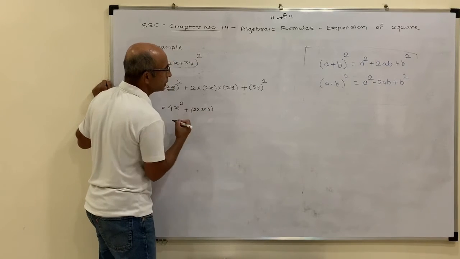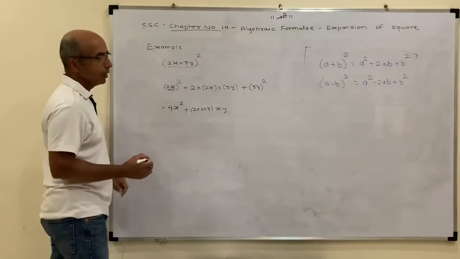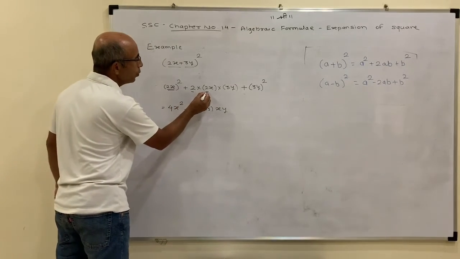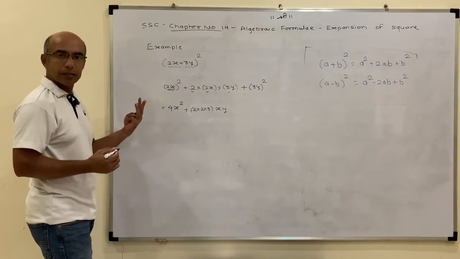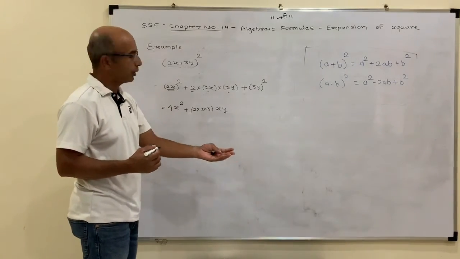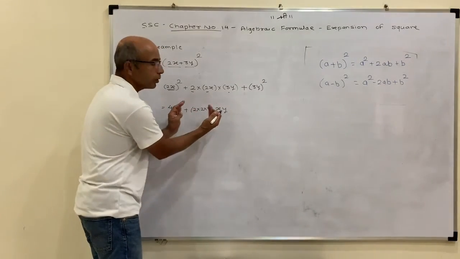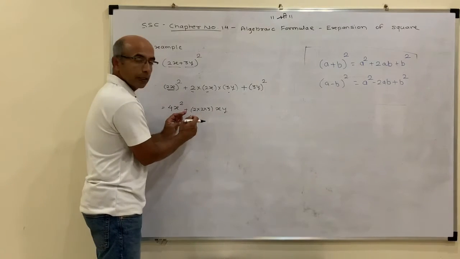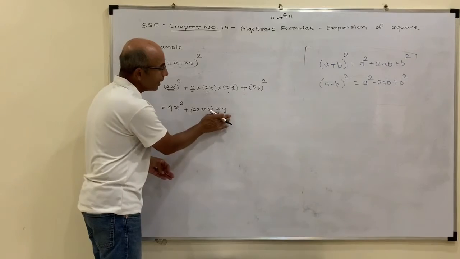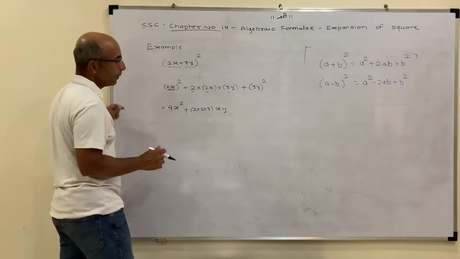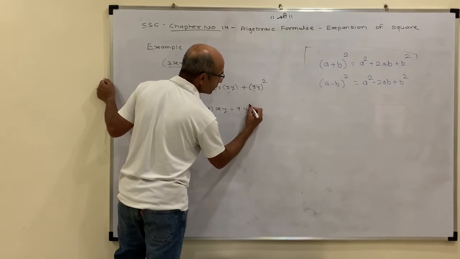I am putting these coefficients together, x and y. 2x is nothing but 2 into x, and 3y is nothing but 3 into y actually. So what I have done, I have separated those variables from the constants. These are my constants, written next to each other, and these are my variables x and y. Plus again, square of 3 is 9y².